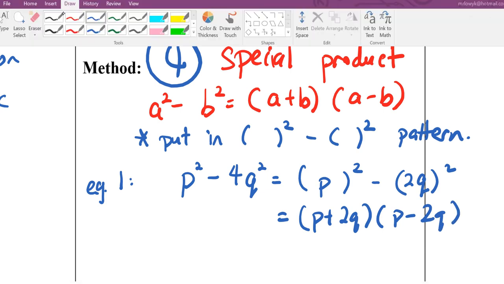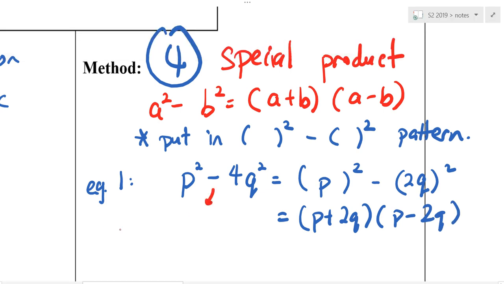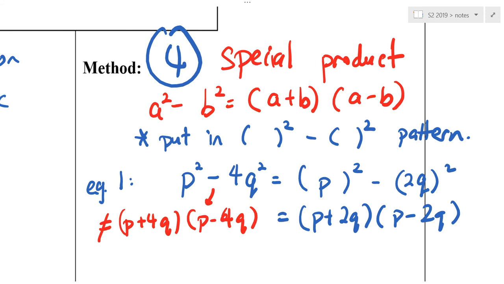Now, can I use red color to show you the wrong answer? Now, students like to tell me P plus 4Q, P minus 4Q. How many of you thought of this answer just now? A few, right? Most very naturally you will come to this wrong answer because you will think that 4Q is just 4Q and 4Q.